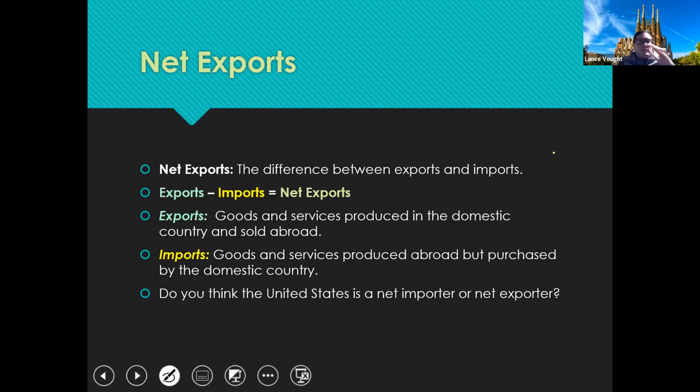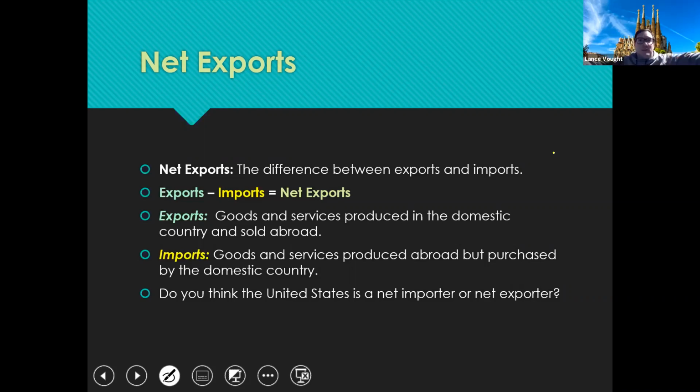So that means that if something was produced in the United States and we sell it to Canada, or something was produced in the United States and we sell it to Germany, or something was produced in the United States and sold to China, that money that those foreigners spent to buy the product that was made in America will come back towards America, and that will count positively towards our GDP because it's counting the value of the thing that was produced in our country's borders.